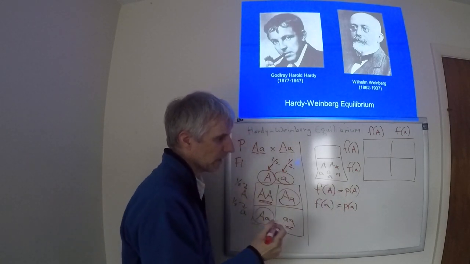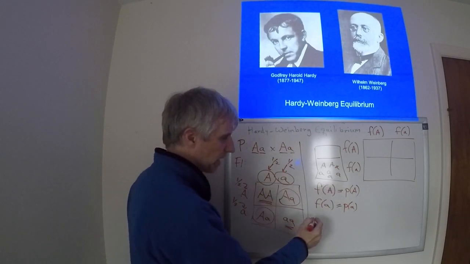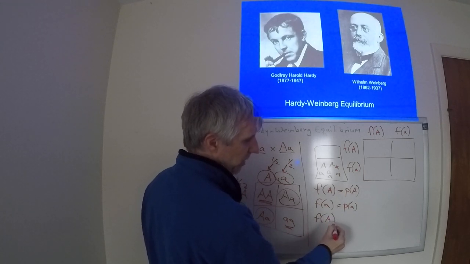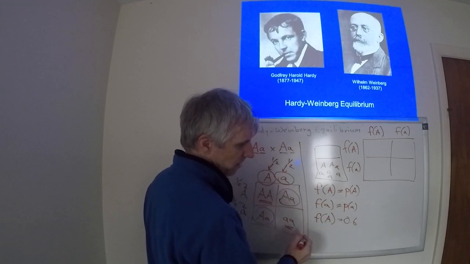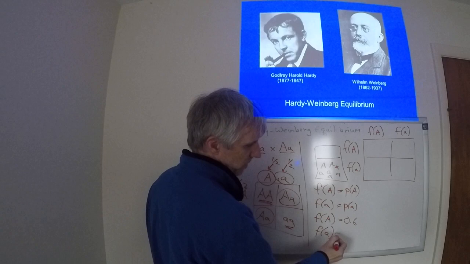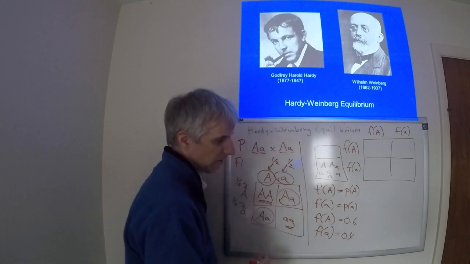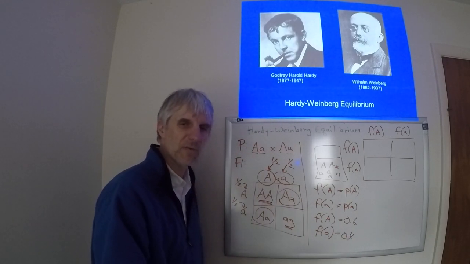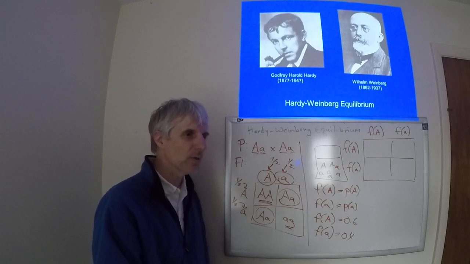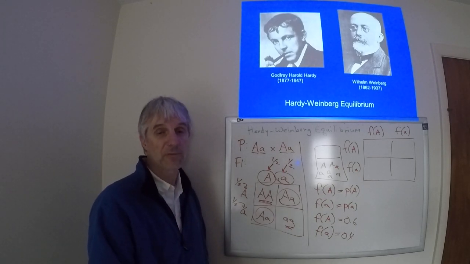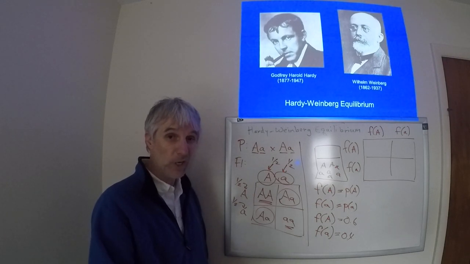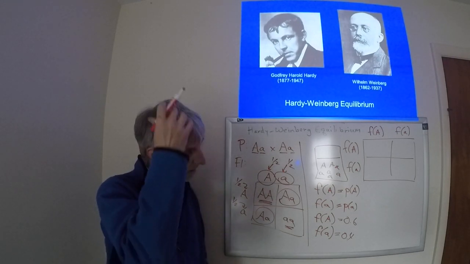But in the bucket, these frequencies could assume any value, right? The frequency of the big A could be 60%, and the frequency of the little a could be 40%. They don't have to be 50%. In fact, I would argue that they're probably not 50% in the vast majority of cases.